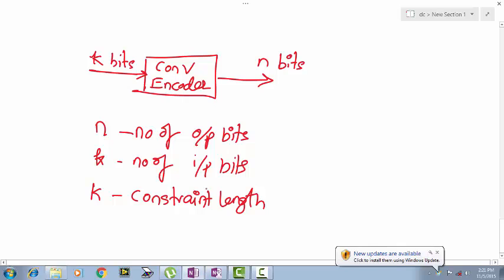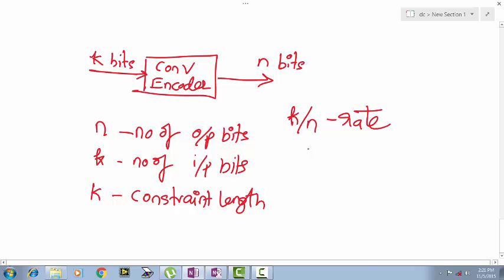So when you are specifying a convolutional encoder, you need to specify these 3 parameters. We all know that the rate of an encoder is given by k by n. This is what we call rate or efficiency.